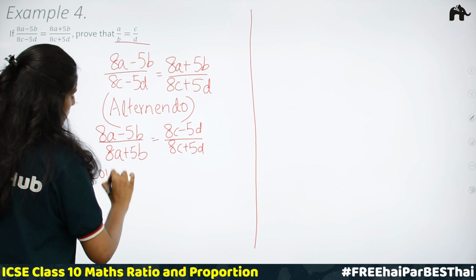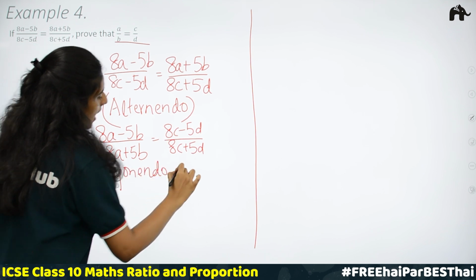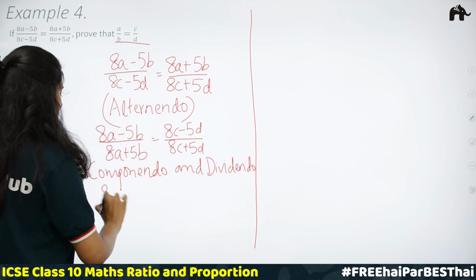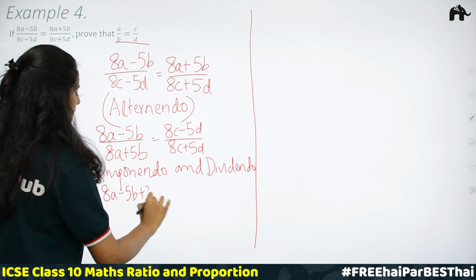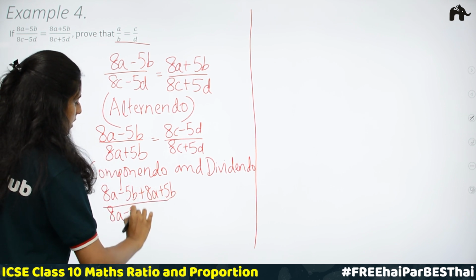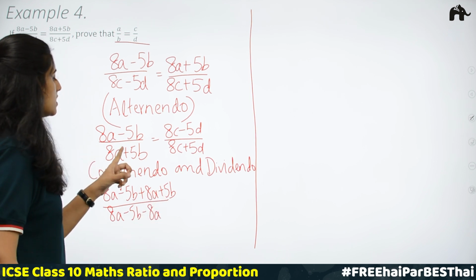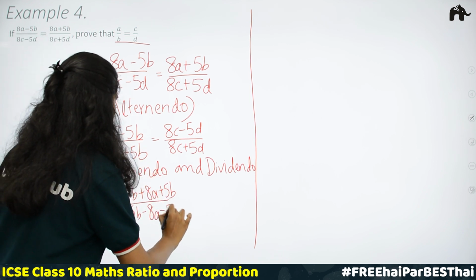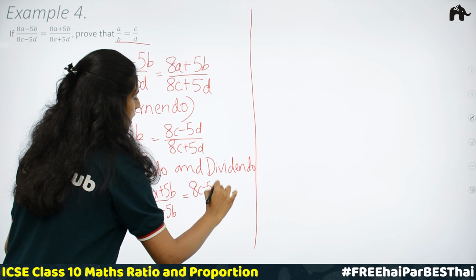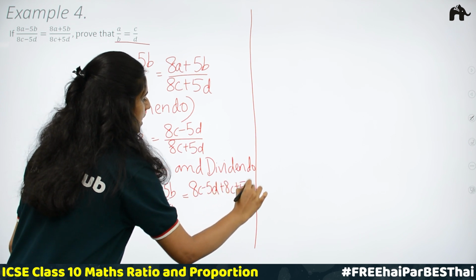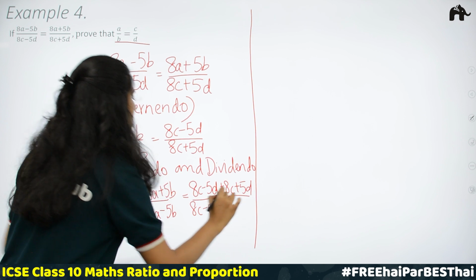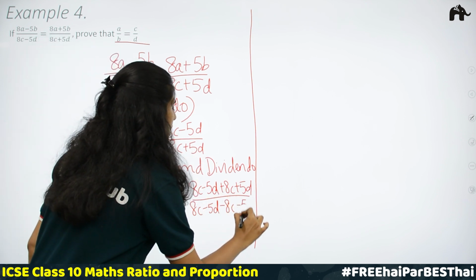Now to this, applying componendo and dividendo property, we get (8a minus 5b plus 8a plus 5b) divided by (8a minus 5b minus 8a minus of plus 5b, that is minus 5b), is equal to, on the opposite side, (8c minus 5d plus 8c plus 5d) divided by (8c minus 5d minus 8c minus of plus 5d is minus 5d).